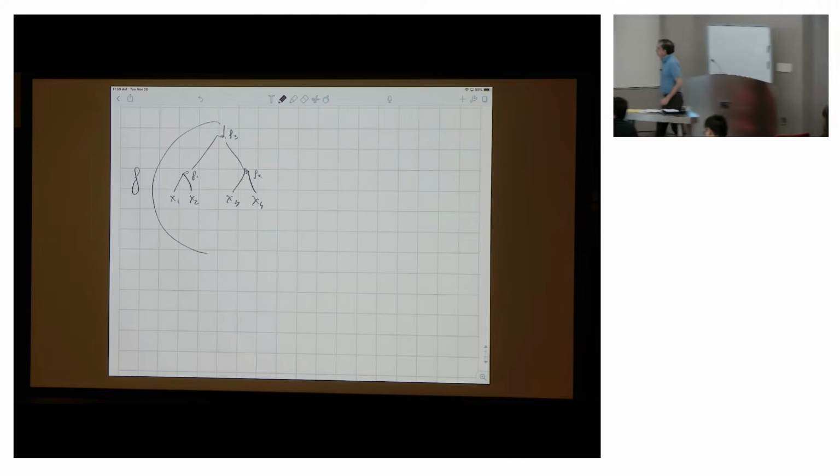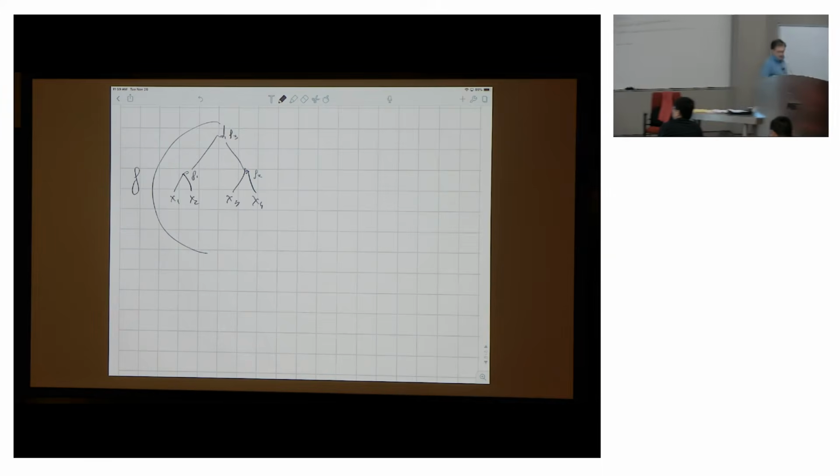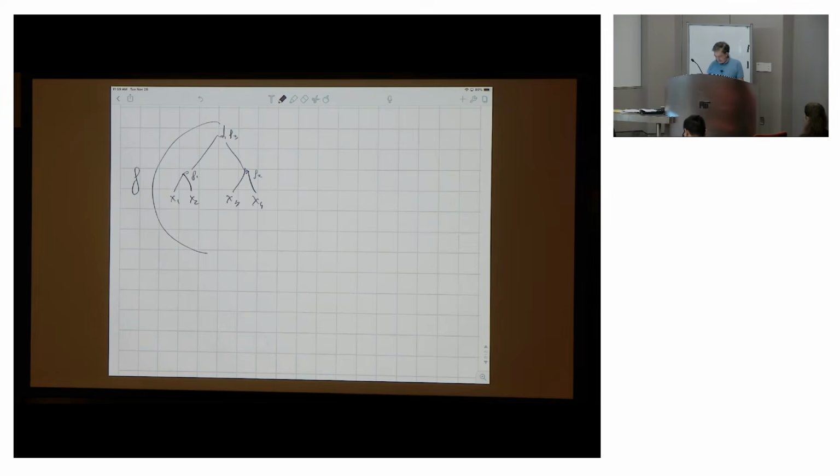And so this is a compositional function, in the sense that this graph corresponds to f3 of f1 of x1, x2, and f2 of x3, x4. Okay? It's a composition of functions.